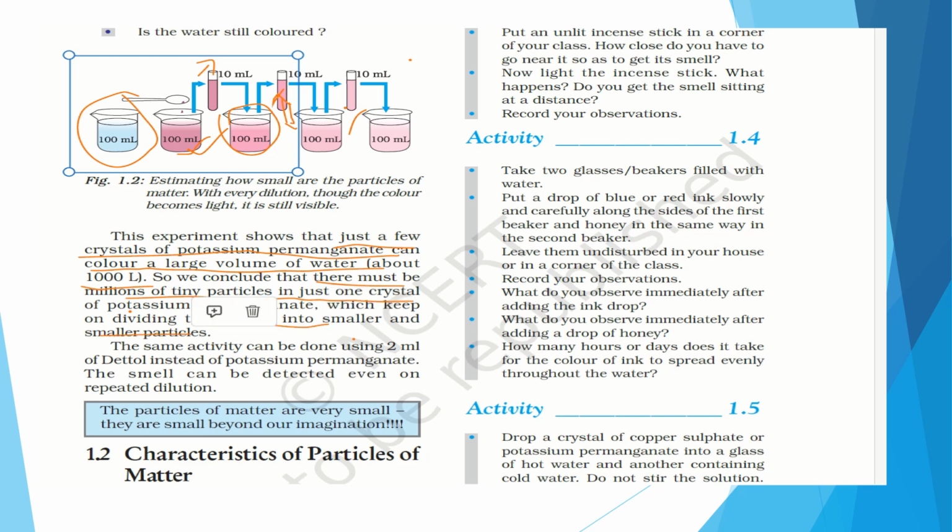So what happened? Only the color has faded, but the color has not gone away. So the particles are very, very small. The same activity can be done using 2 milliliters of Dettol instead of potassium permanganate. You can see that the smell can be detected even after repeated dilution.